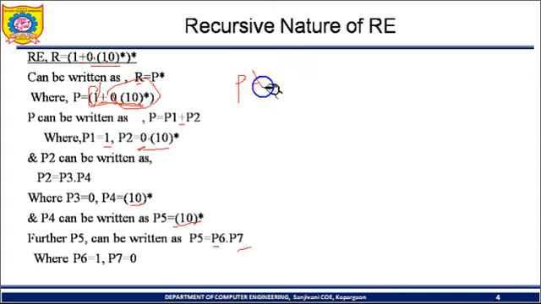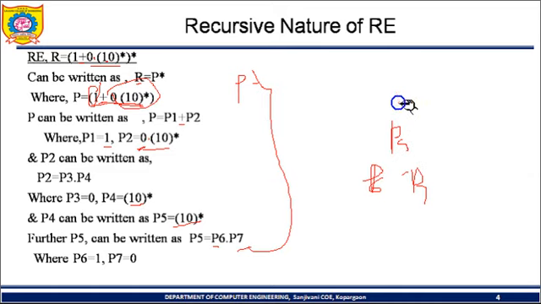So this is called the recursive nature of the given regular expression, and once we combine all these, we will get the original regular expression. Means p6 dot p7 is nothing but p5. Okay, and if we take its closure, then it will be p4, so further p4 is p5 star. Now p3 dot p4, if we combine these two, we will get p2, and if we combine that p2 with p1, we will get p.